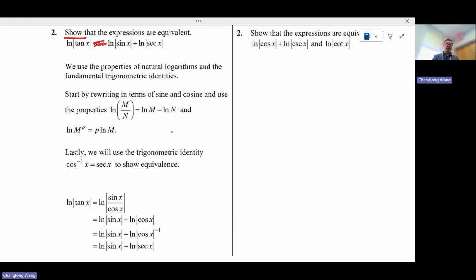But then you realize, okay, if we're still trying to verify some identities, you start from the more complicated side, right? In this case, log of absolute value of tangent x is the left-hand side, and I'll say that the right-hand side might be a little bit more complicated. So I suggest that you start from the right-hand side. And also, do you see that they have tangent and secant?